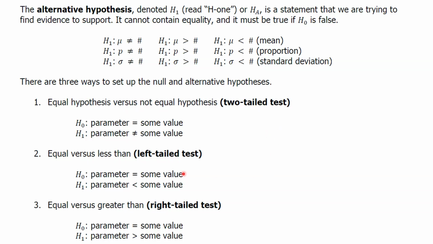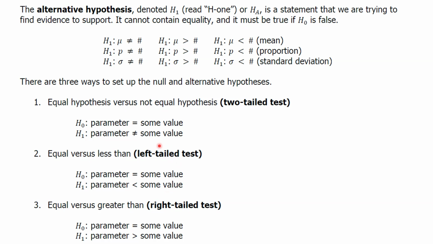The second is equal versus less than, which is a left-tailed test. So your parameter would equal some value for your null, and then your parameter would be less than some value for your alternative. So we use this test when we're testing if something has decreased. For example, is the average less than 100?